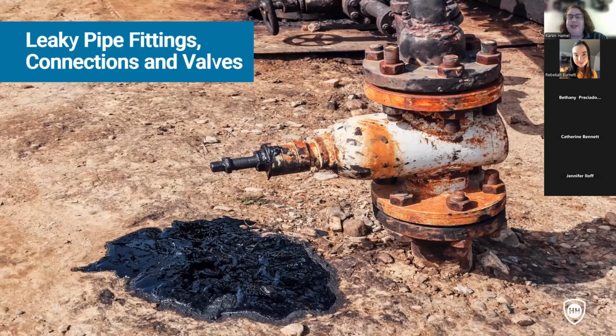The next one is leaky pipe fittings. Pipelines are notorious for having couplers and connections that leak and drip over time. I've had a lot of great opportunities to work with pipeline companies that are doing a fantastic job of maintaining their pipelines. They have them pigged every quarter or even more frequently to make sure that they have the integrity that they need.